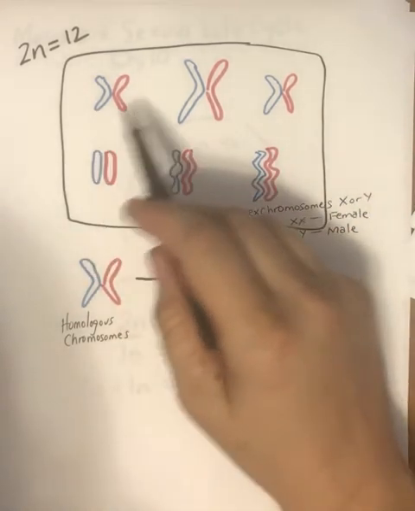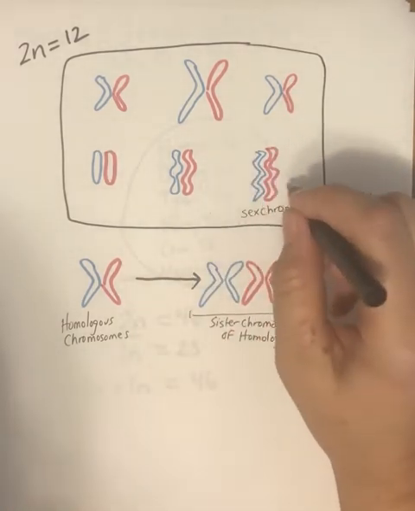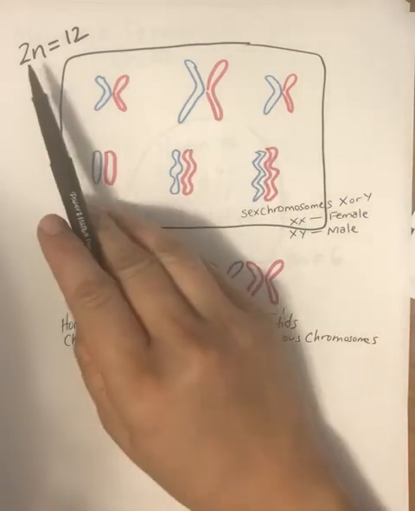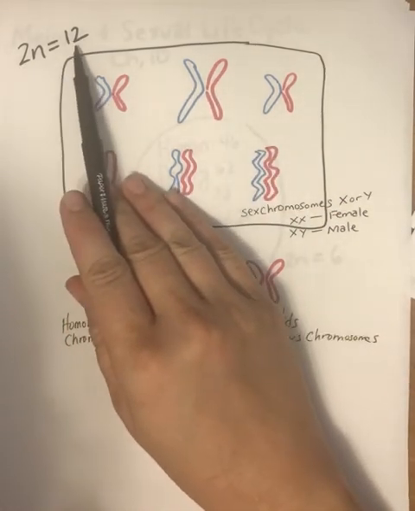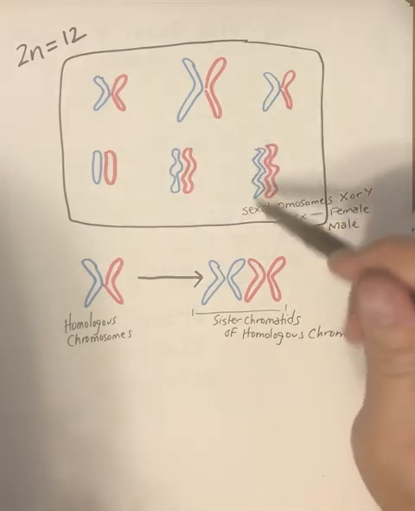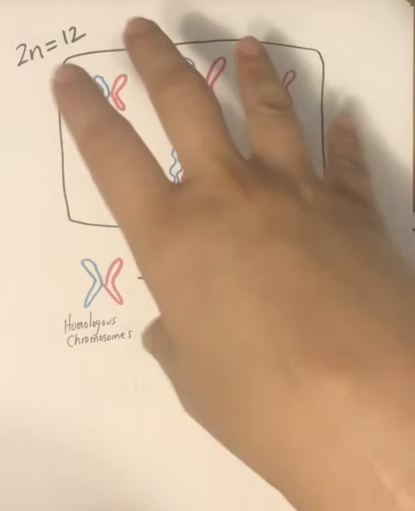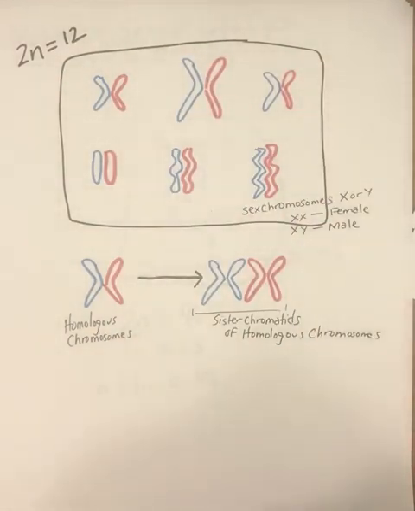All the other chromosomes are called autosomes, but the last set of chromosomes determines your sex. So even though you're saying 2n is equal to 12, the last set is your sex chromosomes, which determine if you're male or female. This is a picture of what a karyotype would look like if we stained a cell's chromosomes when it's dividing, and we could determine what organism it is.